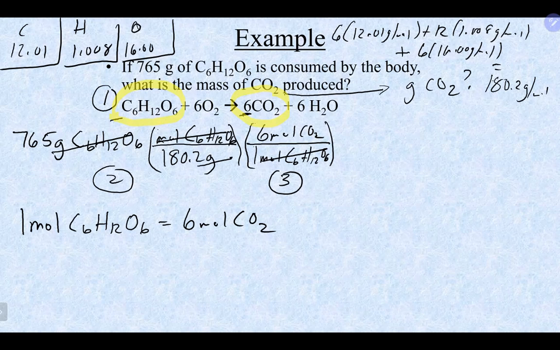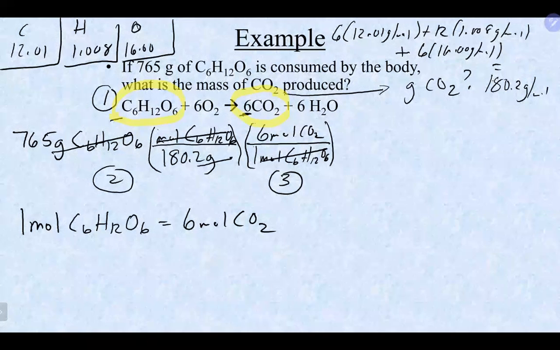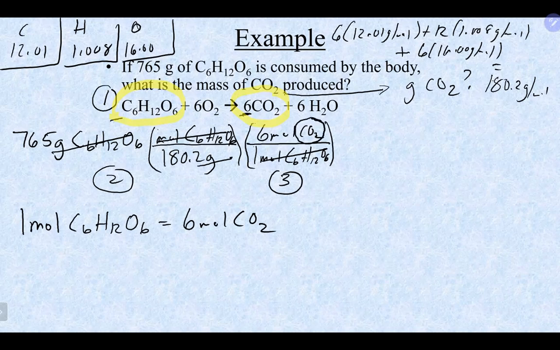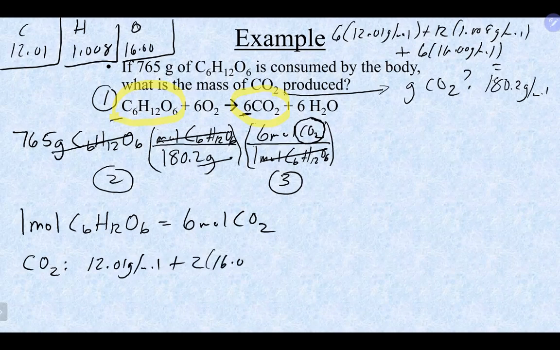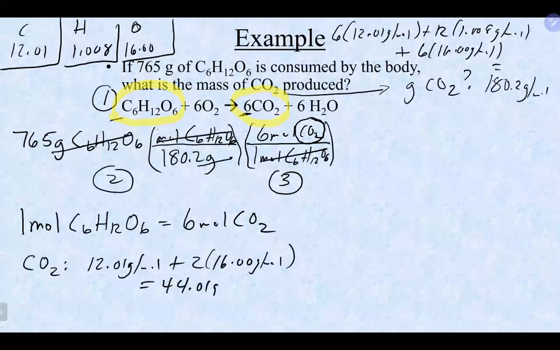So we do have to do step number 4, which is that last conversion of taking, in this case, moles back to grams. Remembering once again, we're now no longer at the original guy, but we're at CO2. So we need to go back to the periodic table to get the molar mass of CO2, which is 12.01 grams per mole, plus 2 times 16, giving us 44.01 grams per mole, which once again, we're going to use as our final conversion here.